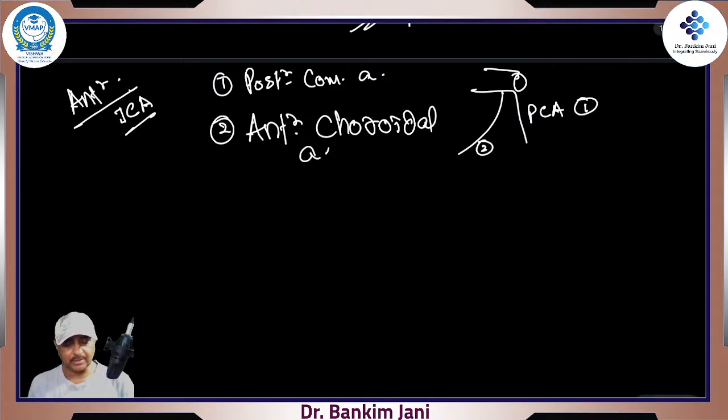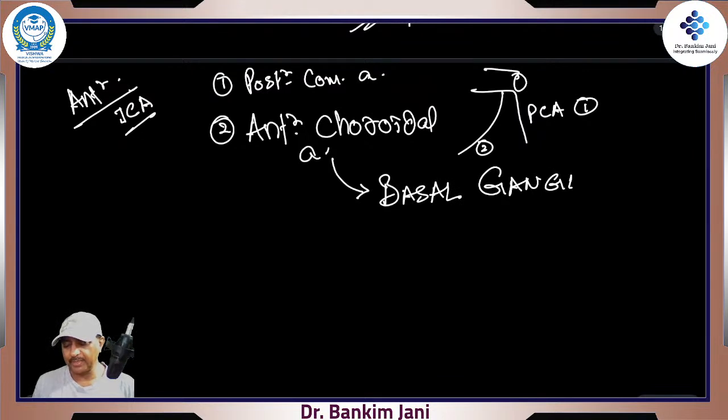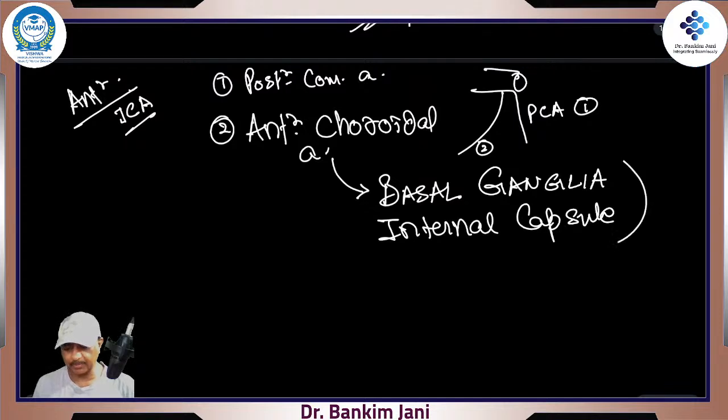This anterior choroidal artery is supplying two mesmerizing structures, as we'll discuss in more detail: the basal ganglia, which are all-time fascinating topics, and the internal capsule of the brain. That's what it supplies, right? So how can we ignore this artery? This is so important.